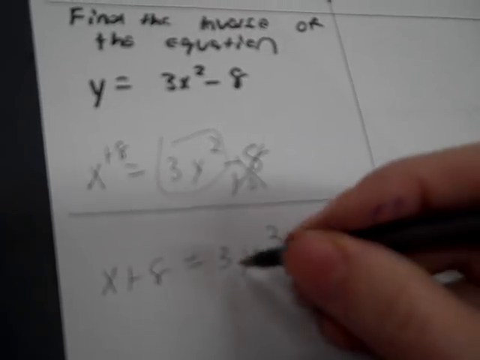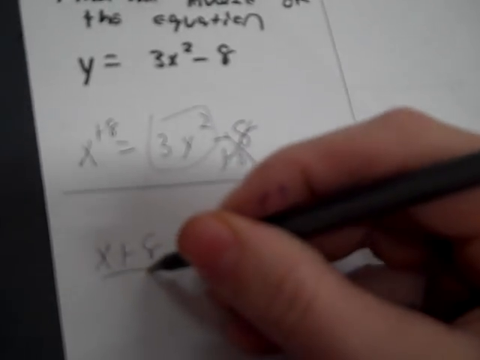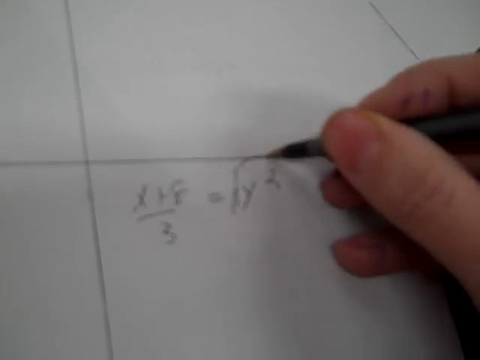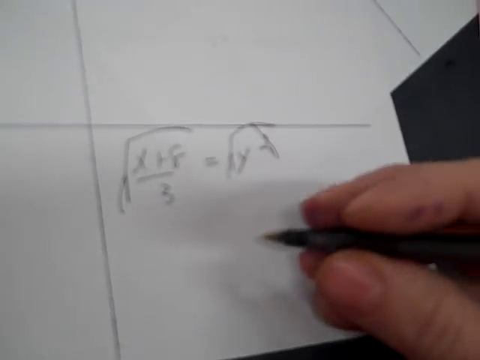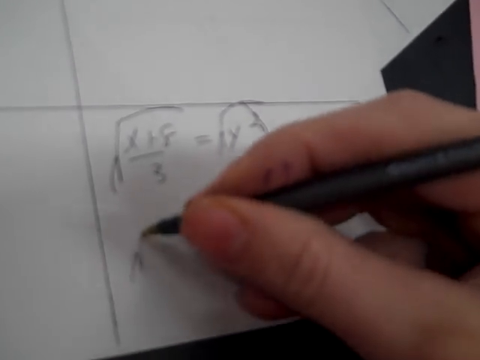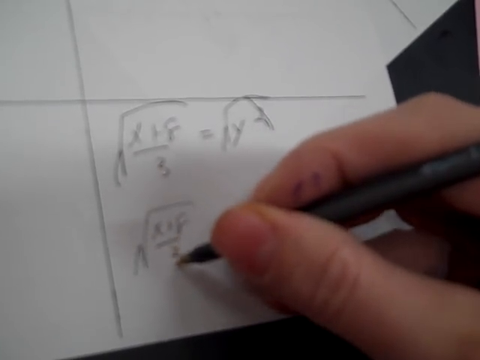Okay, I have a 3 as a multiplier, so we undo that by dividing. And then I undo the second power with the square root. So I have y and the square root of x plus 8 over 3. Okay, and that is how you find the inverse.